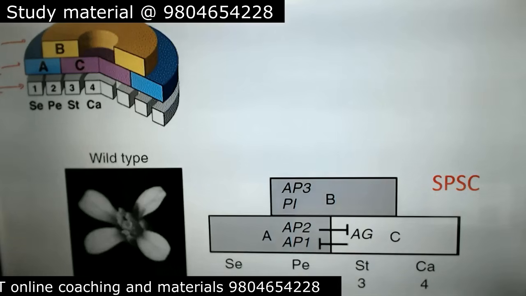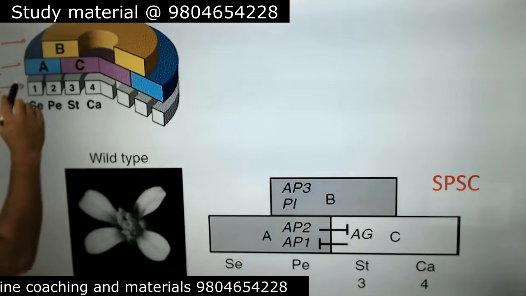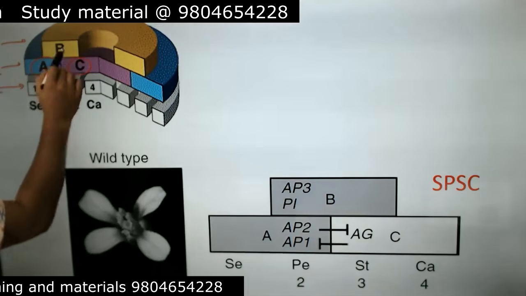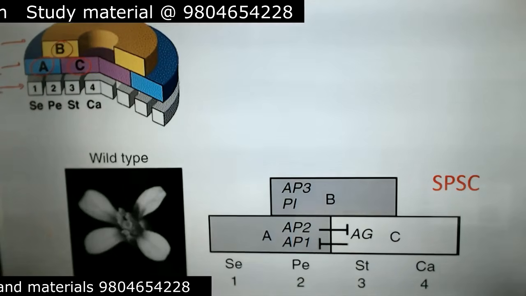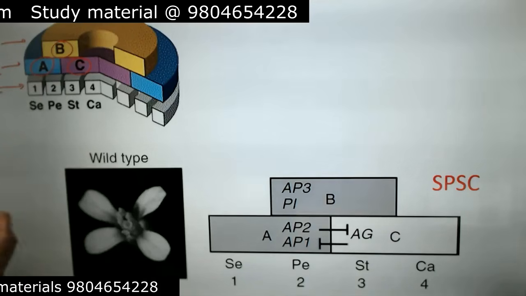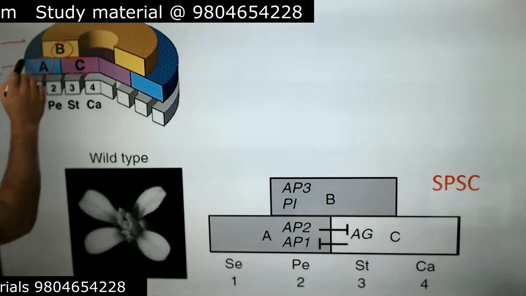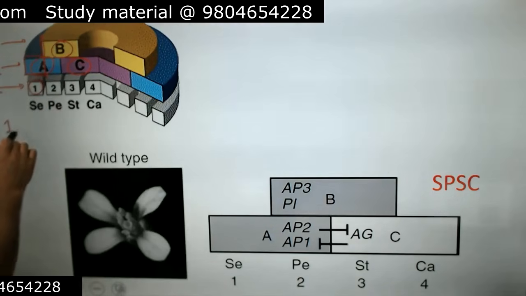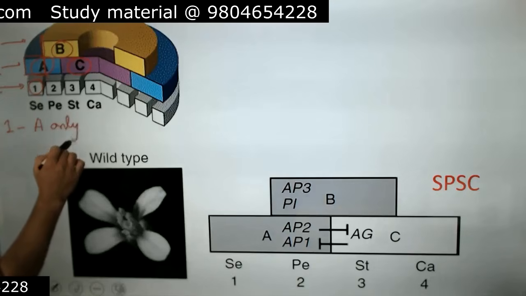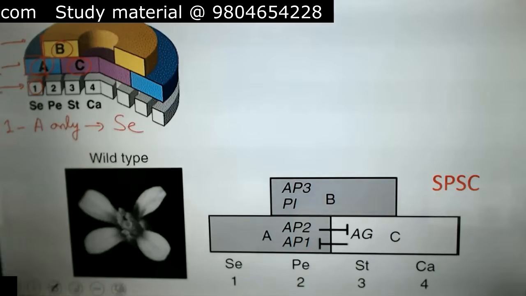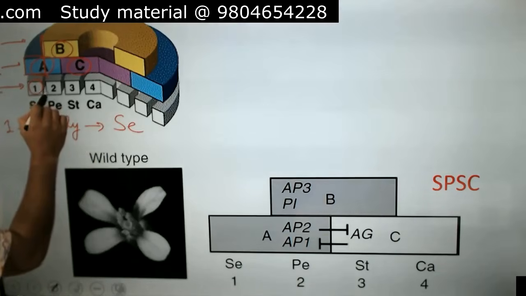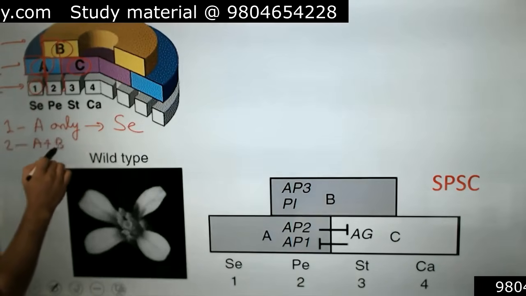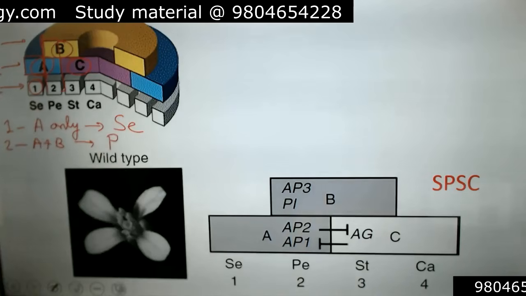Okay. And among these 3, we have different combinations of floral identity genes, that is gene A, gene B, gene C. Based on how they interact, we have different outcomes. Either we have gene A only, and A only gives sepal. Second, we have A and B. So A plus B both gives us petal.